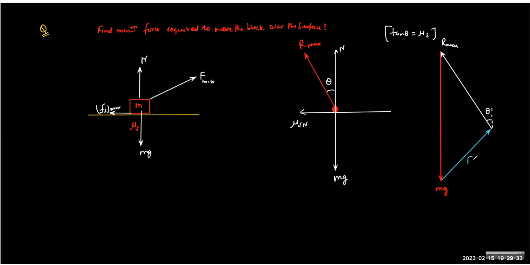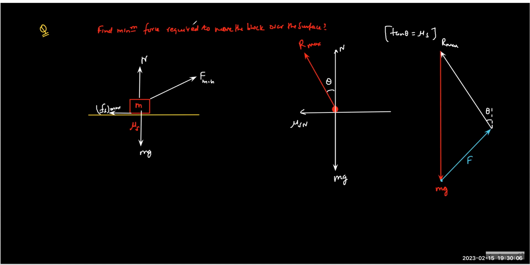And you want to minimize this, right? You're looking for the minimum value of F. How can we minimize this? Any guess? What is the minimum distance between a point and a line? From here, I want to draw a line of minimum length.